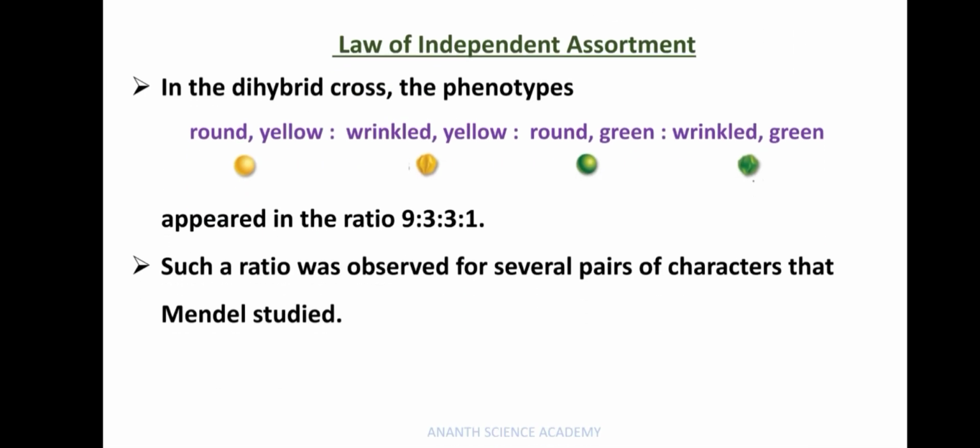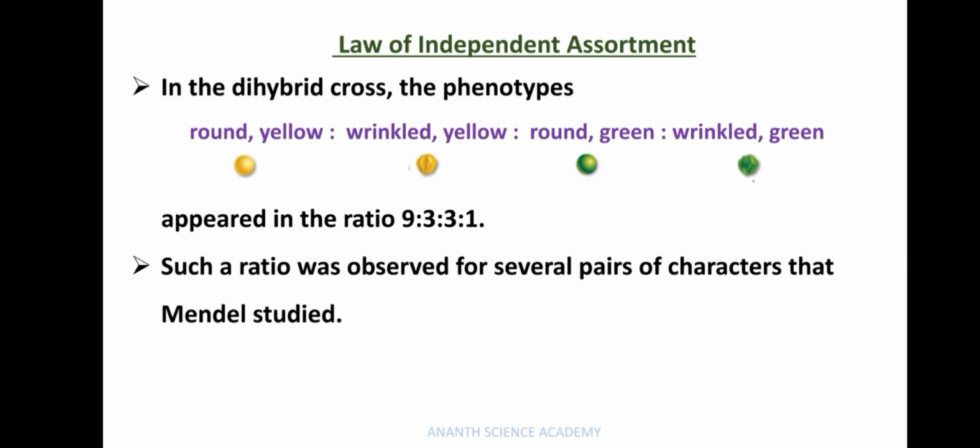Now let's see the phenotype and genotypic ratio of the dihybrid cross and understand what is the law of independent assortment. In the dihybrid cross, the phenotypes round yellow, wrinkled yellow, round green and wrinkled green appeared in the ratio of 9:3:3:1.